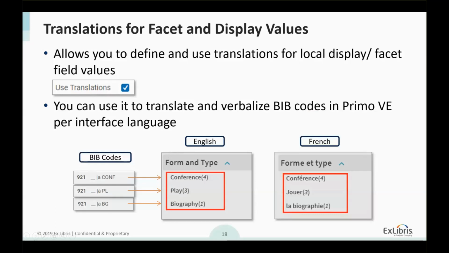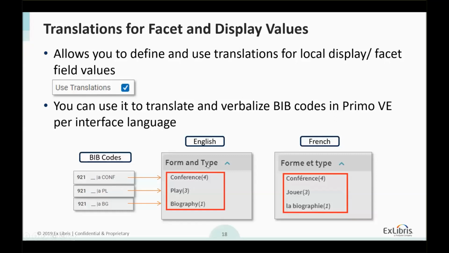In our example, you can see that in the bib we have the code, the conf, for example, but I don't want to present this code for the users. But when this checkbox is checked and in the code table we have those translations, we have this code with the relevant translations, the system knows to look for this code in the code table and then present the relevant translation in the interface.